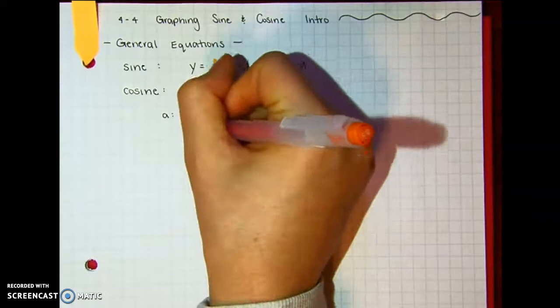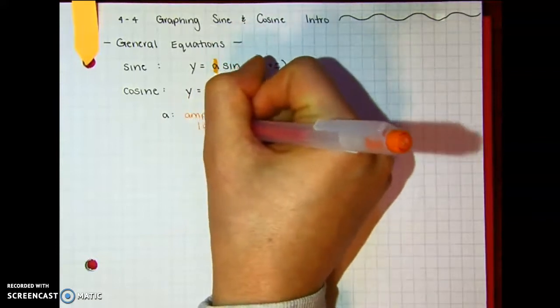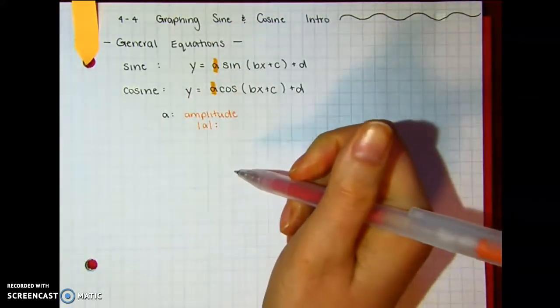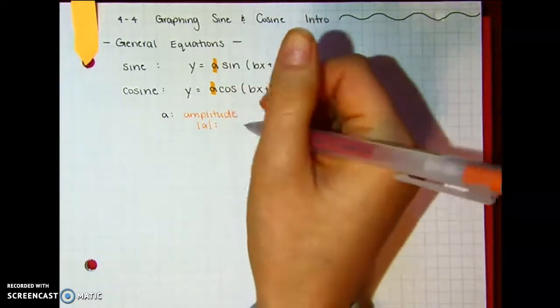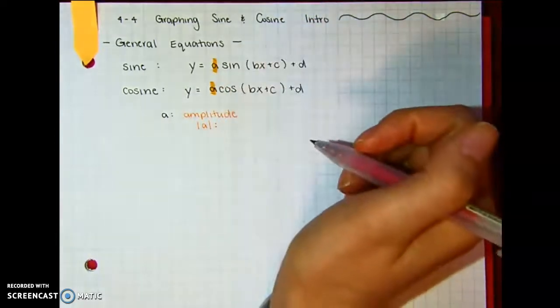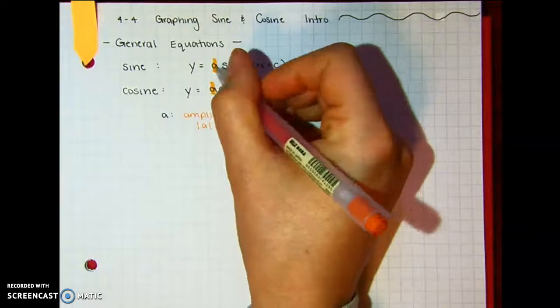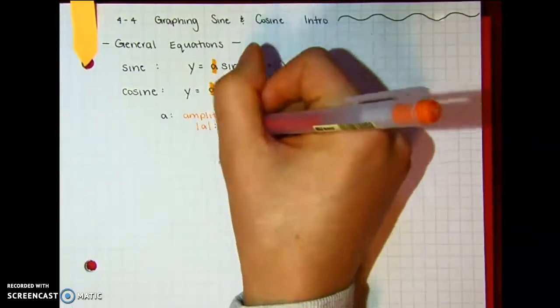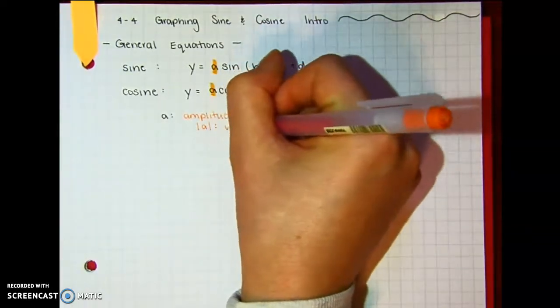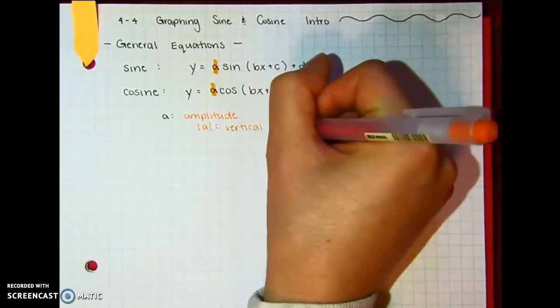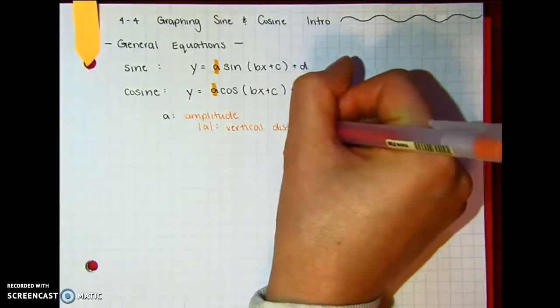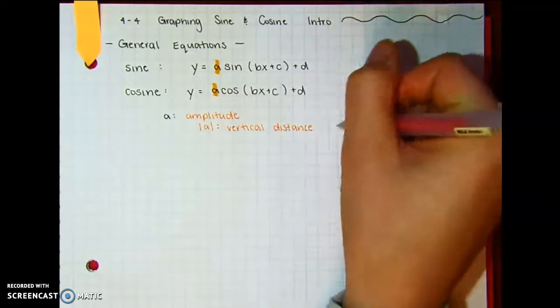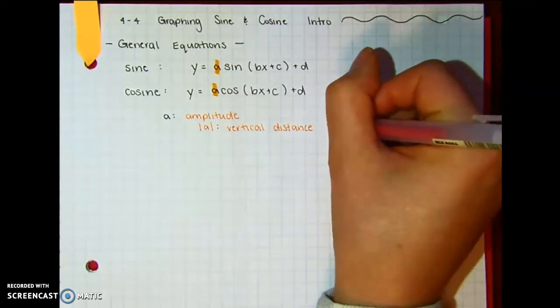Technically, it's the absolute value of A. So if it's negative, that's going to be its own thing, which we'll talk about in just a second. So the amplitude, the absolute value of A, if there's just a number here, it's the vertical distance from the sinusoidal axis.